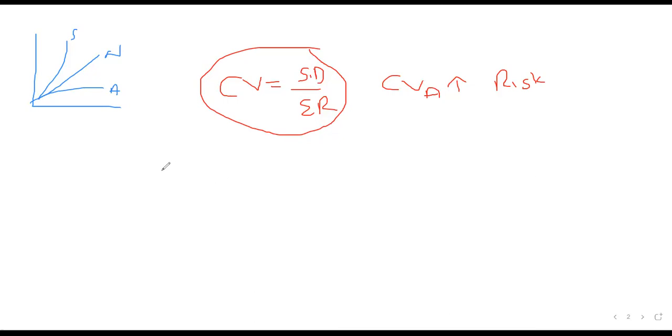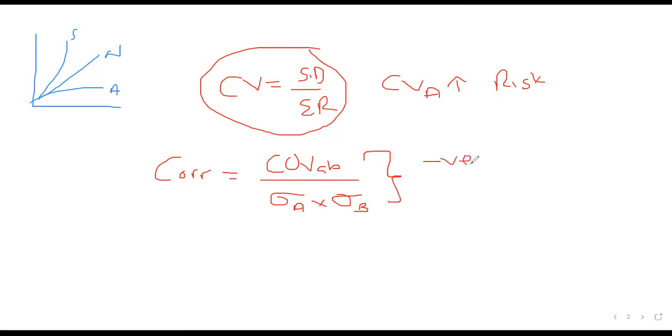So coefficient of correlation is very important because it measures the direction of the investment. So to find the coefficient of correlation, we just divide the covariance of A and B by the standard deviation of A times the standard deviation of B. So if we get a negative answer, we say these are negatively related. If we get a positive answer, we say these are positively related.